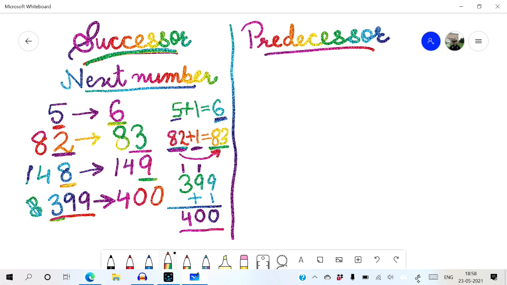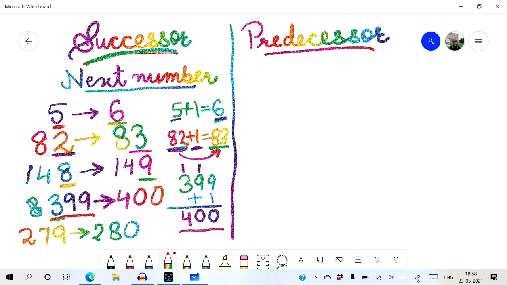600. Okay, let us take one more example. 279. Now, the successor of 79 is 80. So, the successor of 279 will be 280.